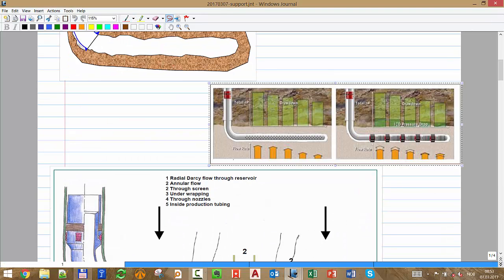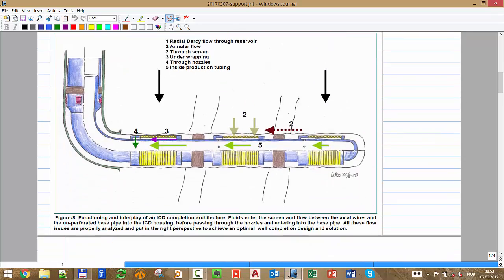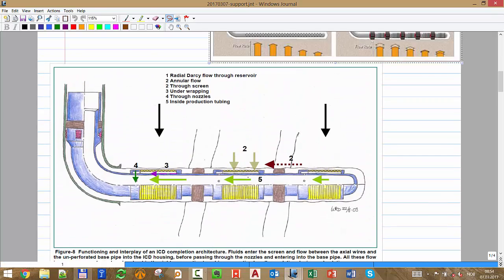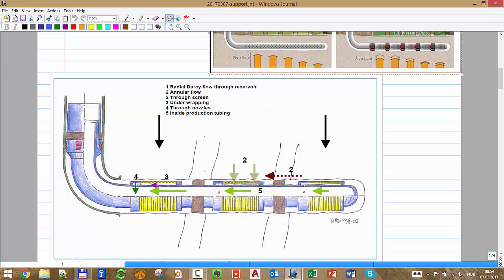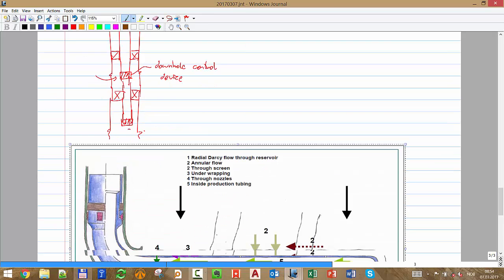Let's see. Okay, so that's the picture I told you about, pressure drop, and here you have a nice schematic. I think that's from an SPE paper.